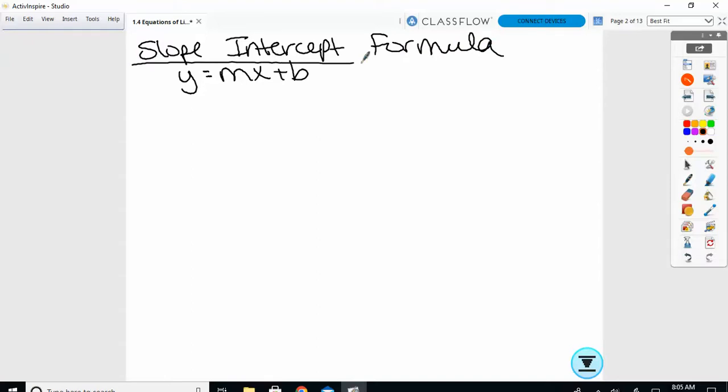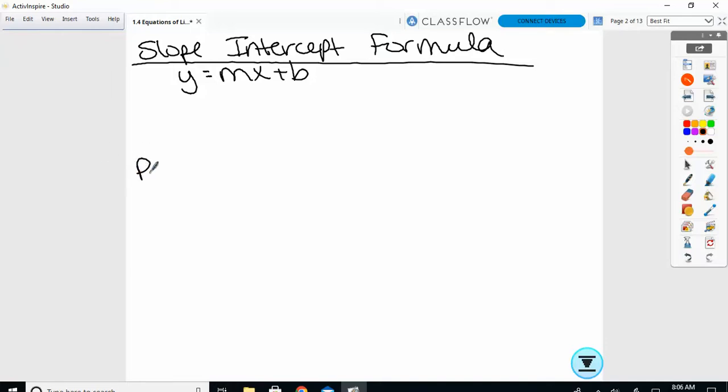So you have to have a slope and the y-intercept to use this formula. It's probably the most common one. Even if you were given a point instead of the y-intercept, you would plug it in along with your slope to find the y-intercept. So that's probably the one that we will use most often.